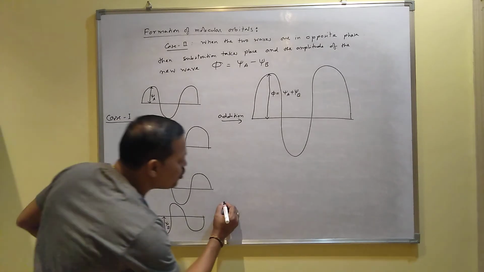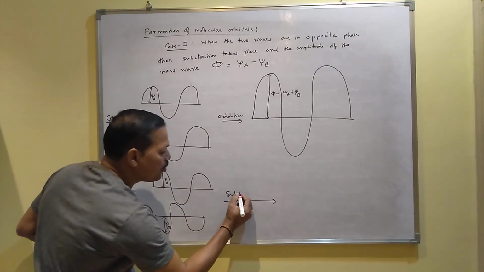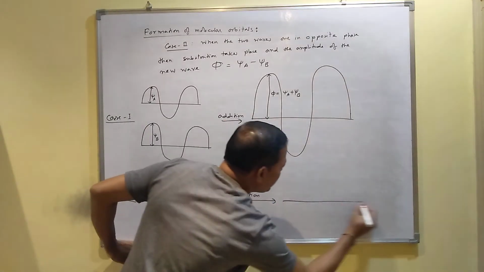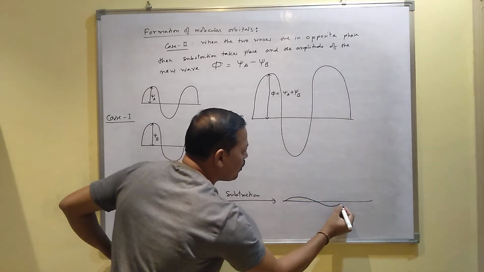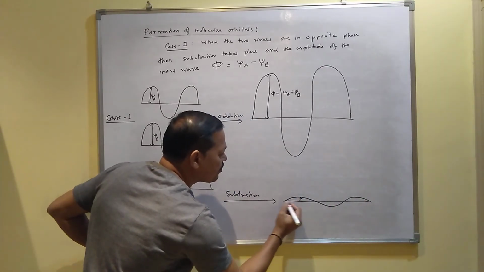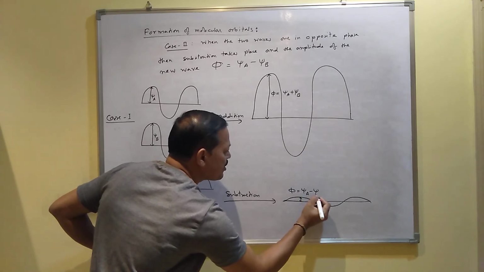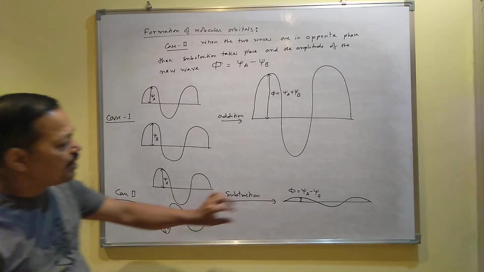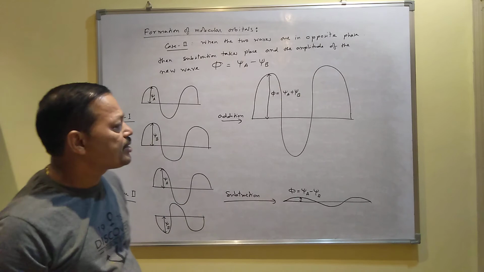When they are out of phase, subtraction takes place, and you will get a small amplitude of the new wave, phi equal to psi A minus psi B. This amplitude minus this amplitude gives the resultant amplitude.